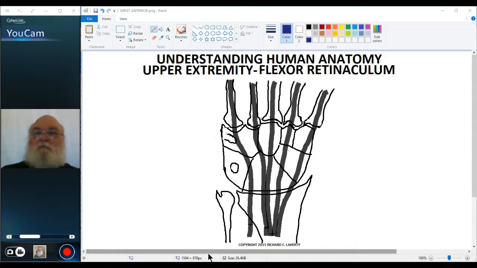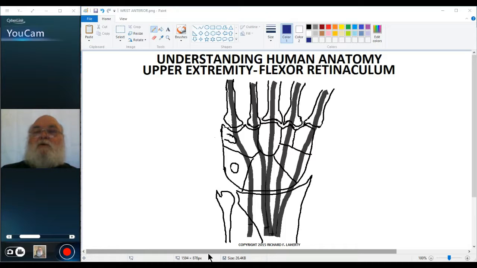There are other tendons that would be in this area as well, but that would just complicate the drawing. You see these tendons run from the forearm, from the anterior compartment of the forearm, down through the wrist, across the metacarpals. Eventually they insert onto the phalanges.